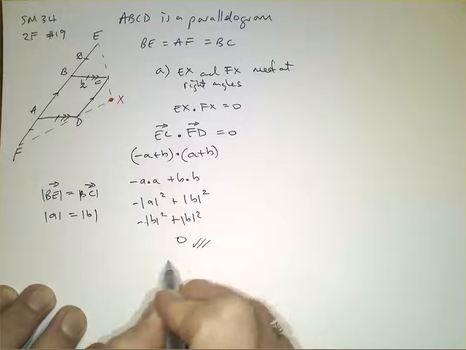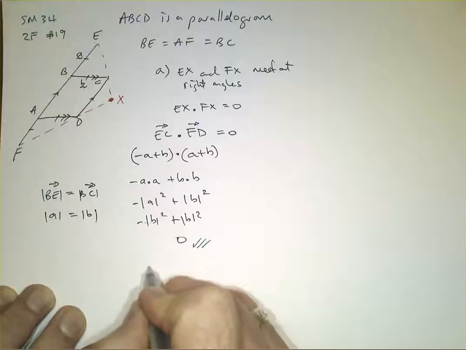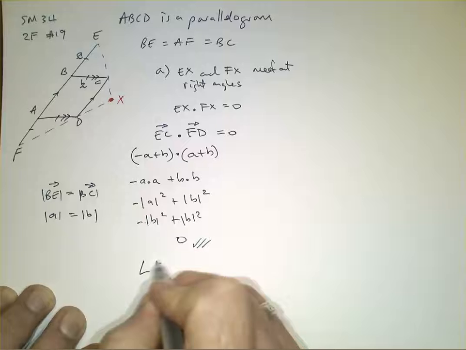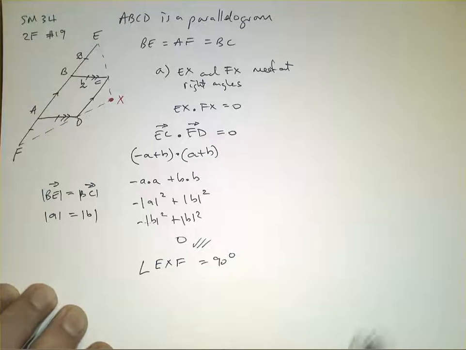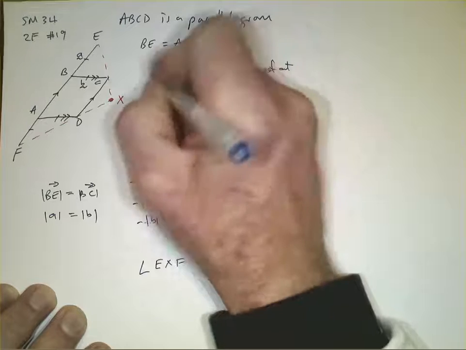Therefore the angle EXF is equal to 90 degrees because the dot product was equal to 0. So that's part A done.